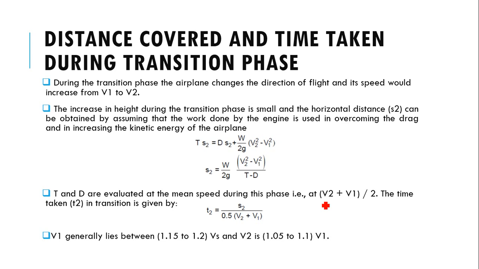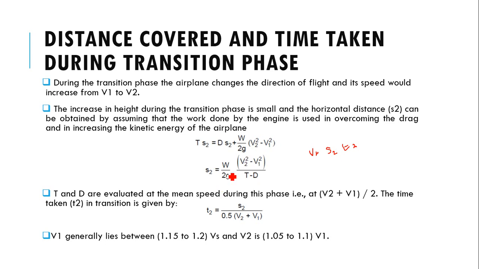So next is the transition phase. To find the values for the transition phase, there are some formulas. During the transition phase the velocity will be v2, the distance covered is s2, and the time taken is t2.